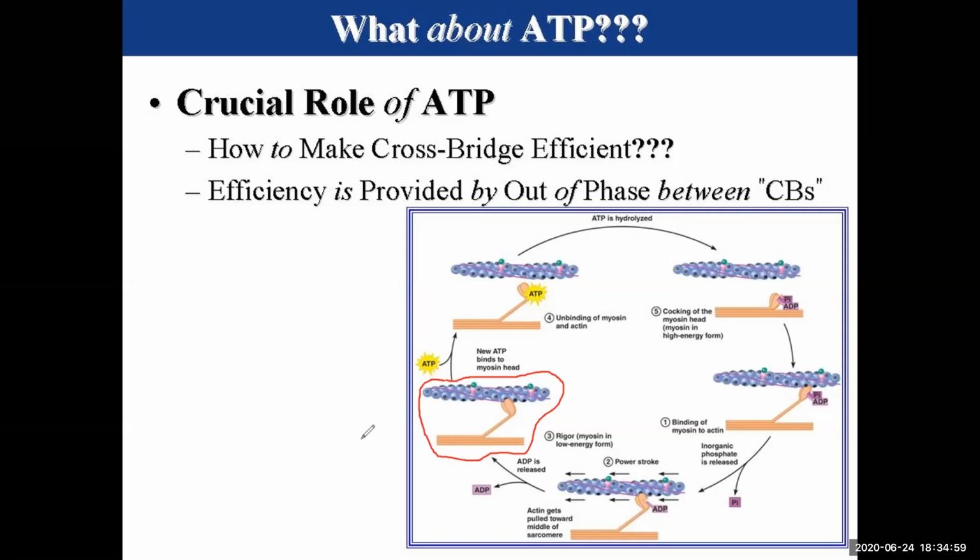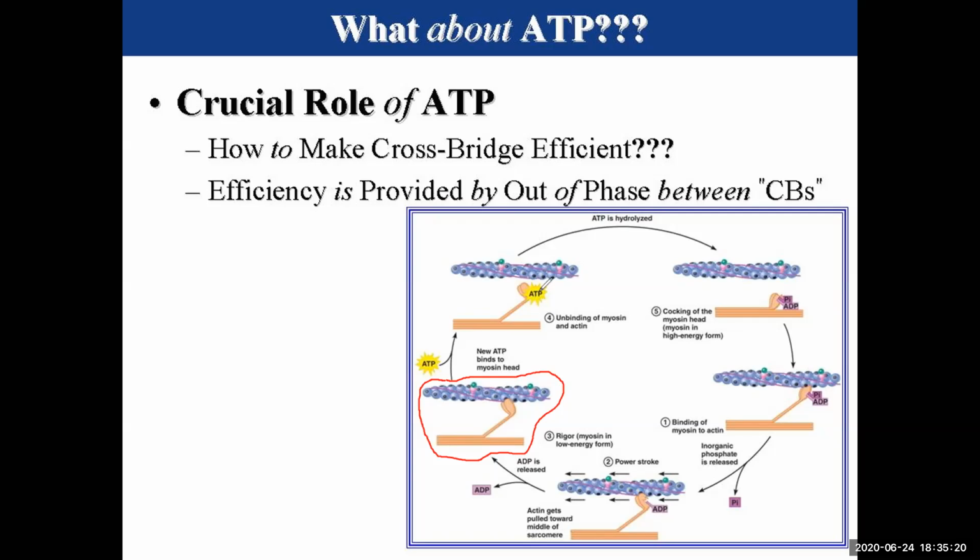The only way for myosin to leave the actin is if ATP shows up. The reason is that the myosin head has a higher affinity for ATP than actin. So it releases actin and binds to ATP.